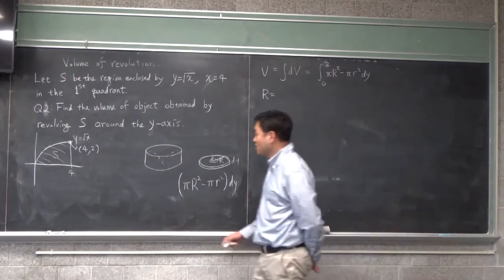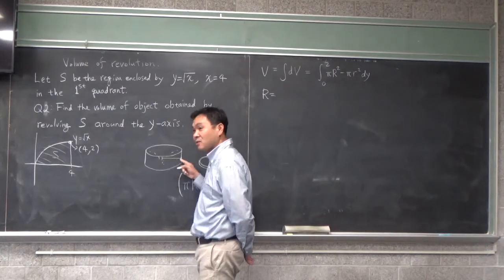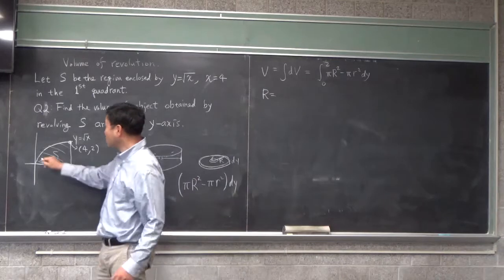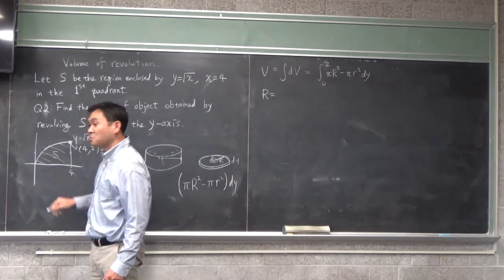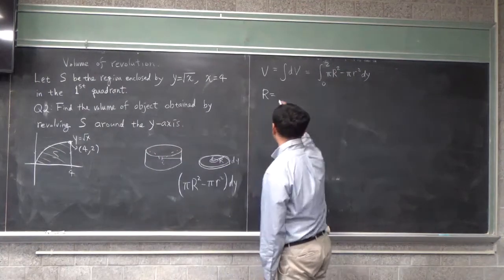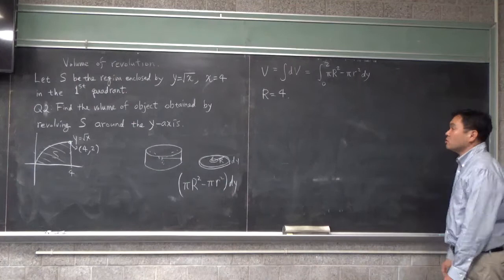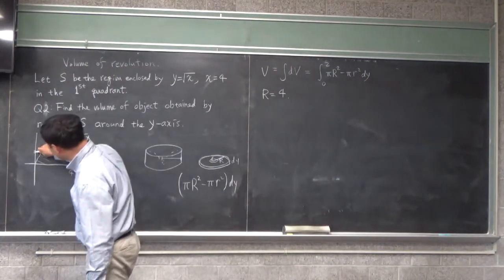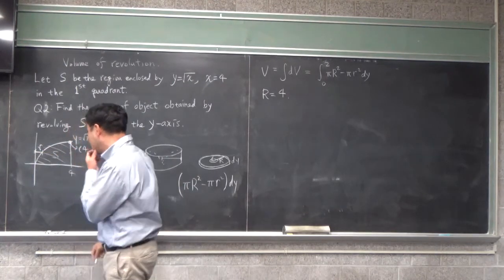Because in this picture, big R is this length, and it doesn't change. The distance from this to here does not change. That's your big R. R is just 4. The small r, however, does change, because small r is this distance right there.